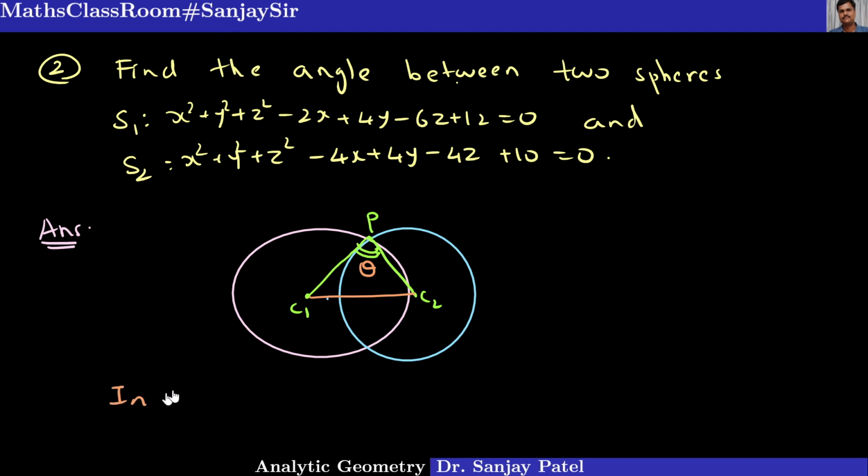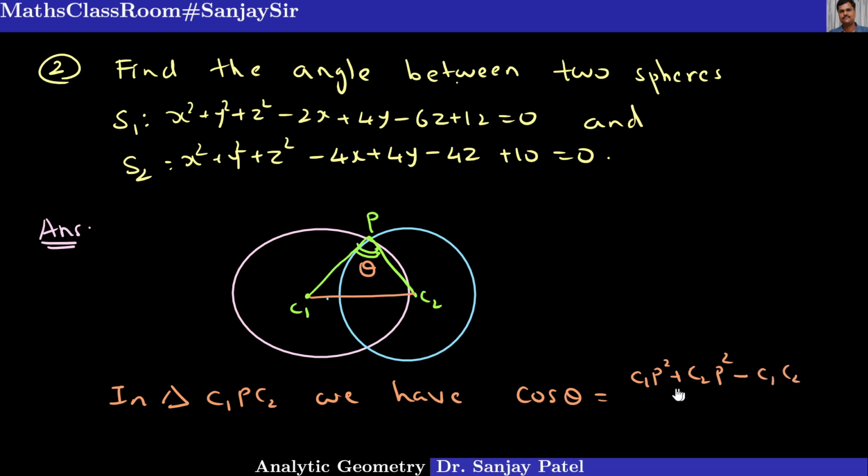So in triangle C1 P C2, we have cos theta is equal to C1P square plus C2P square minus C1C2 square upon 2 times C1P into C2P. You know that cosine rule.